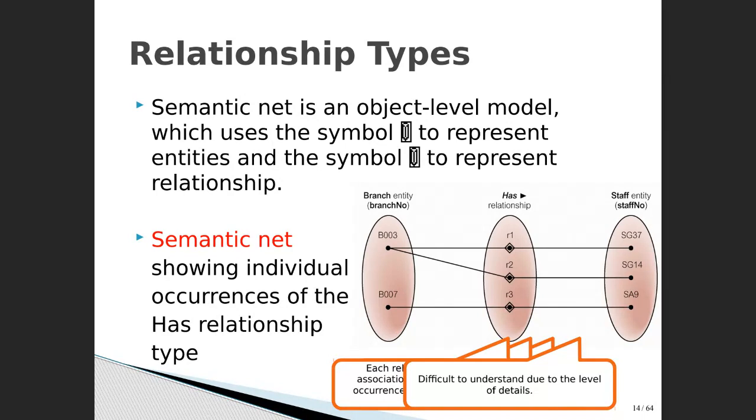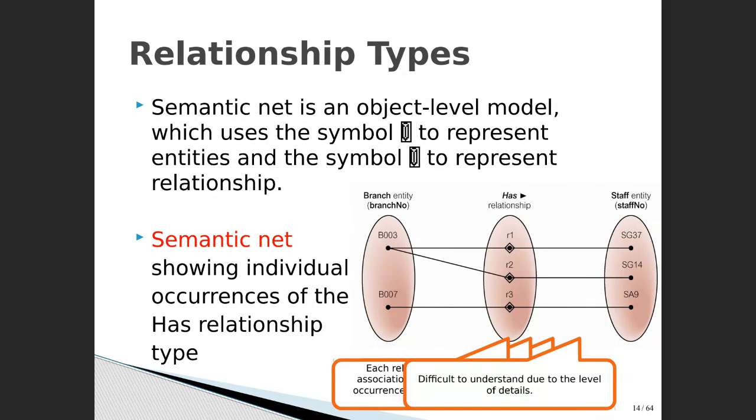See, branch B003 is an occurrence, an entity type occurrence. B006 is another entity type occurrence. Here we have the has relationship. And what comes next? The staff entity type. How many occurrences are there for the staff?